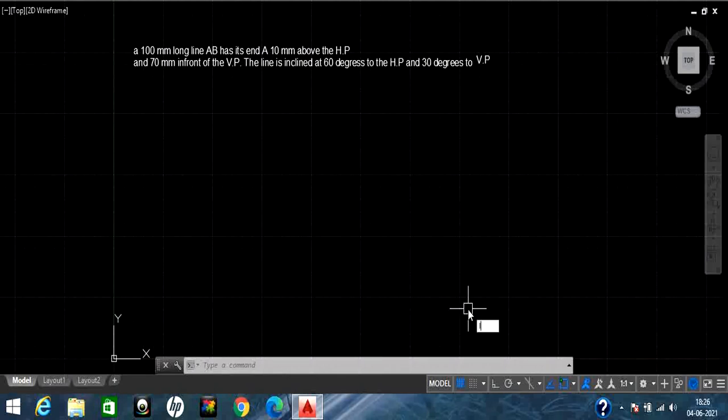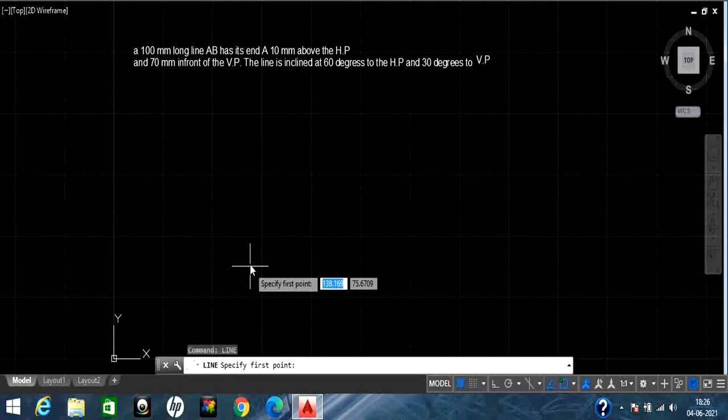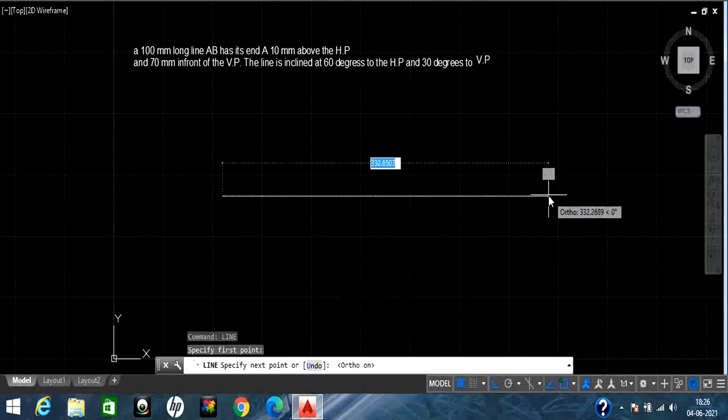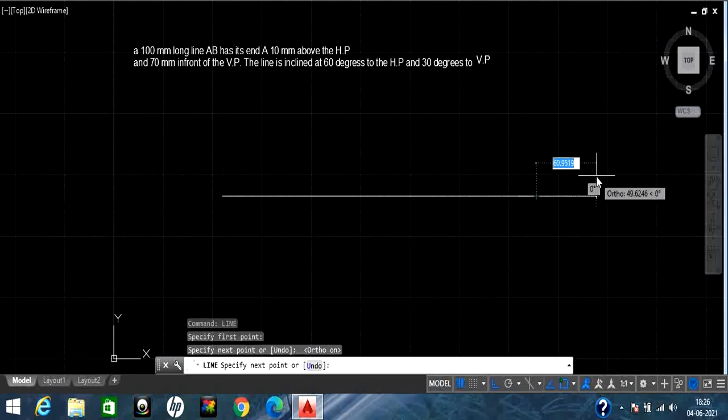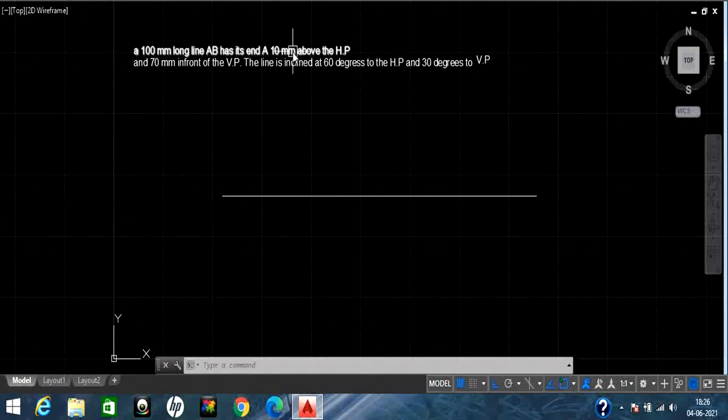First of all, draw the reference line, in manual drawing and in AutoCAD. For both cases, draw one horizontal line, that is the xy reference line. This is x and this is y. The end point A is 10 mm above the HP, so draw a 10 mm line above the reference line.